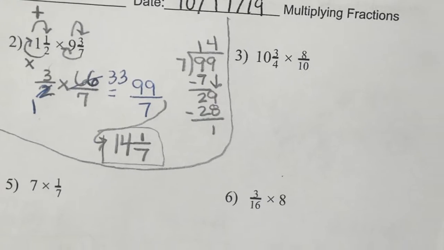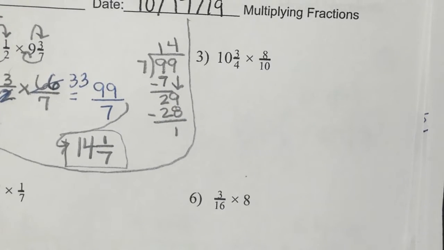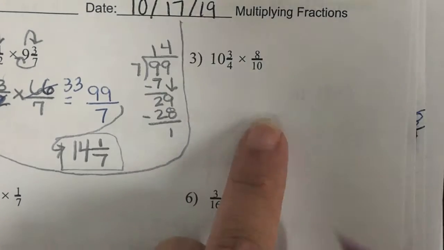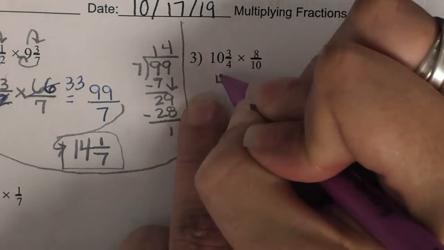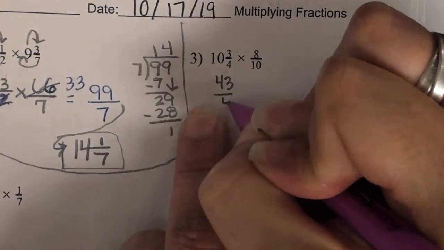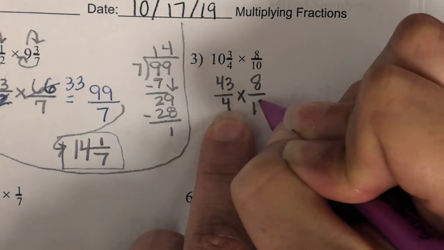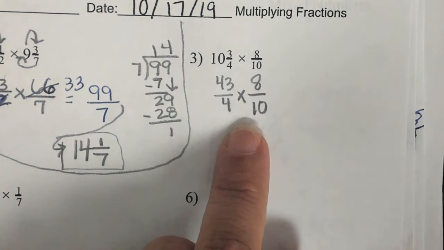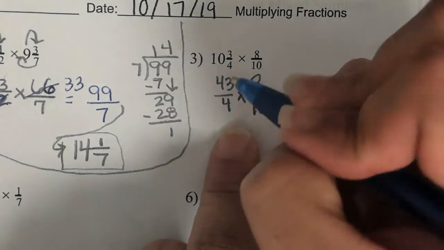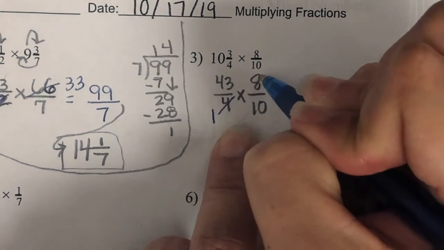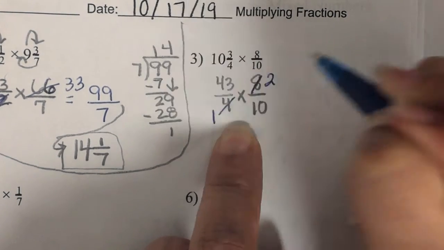Okay, so let's look at number 3 now. Check your work. You should have 43 over 4 times 8 tenths. 4 and 8, right? 4 goes into 4 once, 4 into 8 twice.